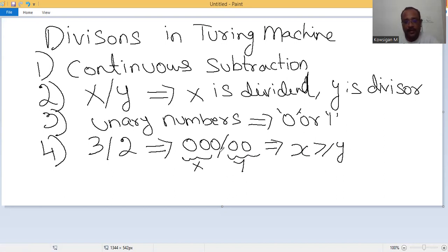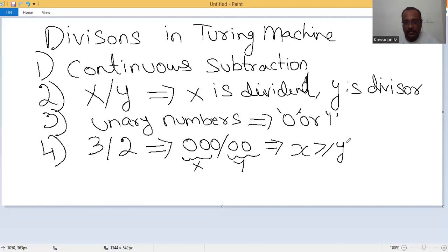If x becomes smaller than y, we have to go for fractional division, which we are not going to do in this session. We are going to discuss only the division which can be performed by continuous subtraction of y from x until x is greater than or equal to y.